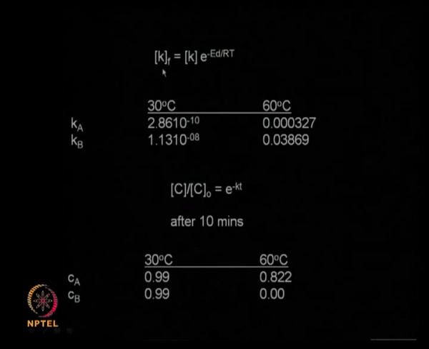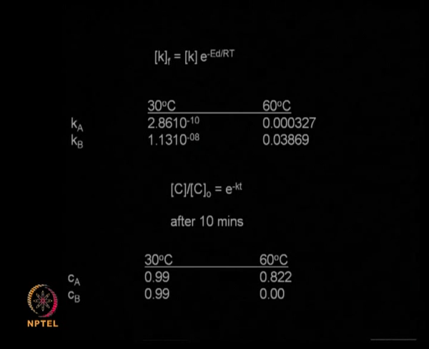All we need to know is the ED value, the deactivation energy, and the K value. Once you know, we can tell what will be the activity of any enzyme at different times at any temperature, understand. So we can easily find out.